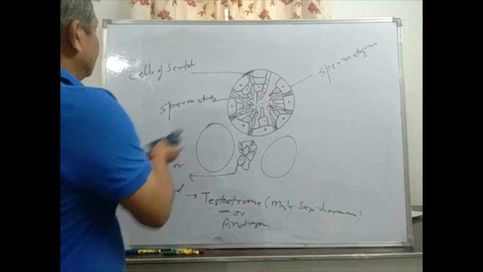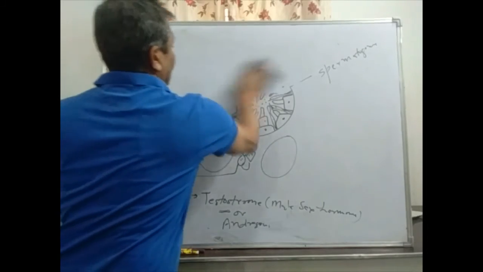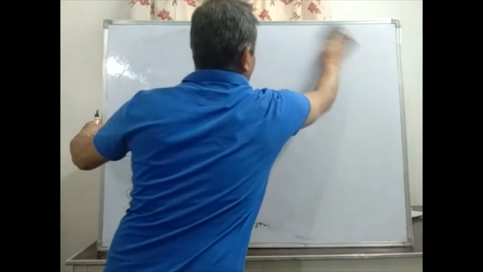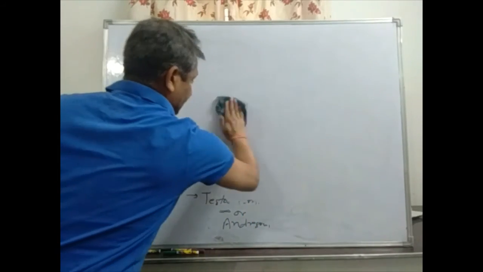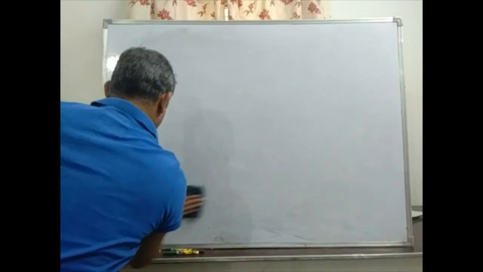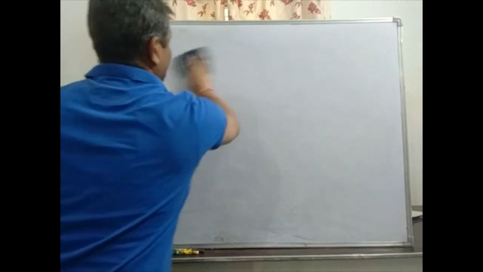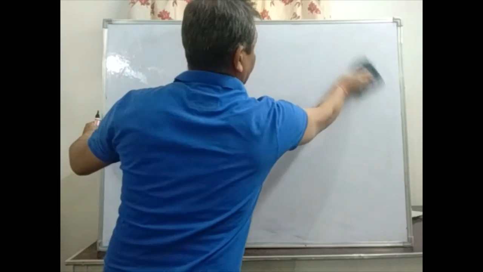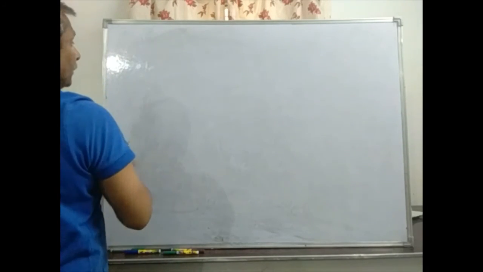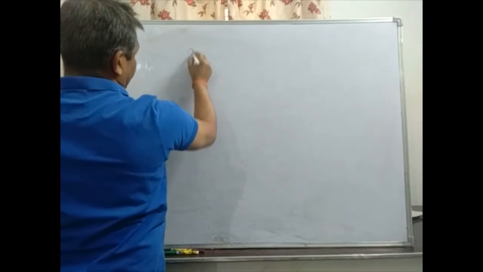So now we will come back to our structures. We have seen the glands, accessory glands, duct system, and structure of the seminiferous tubules, and lastly one more important structure, that is the penis.